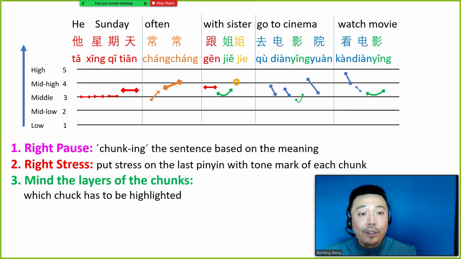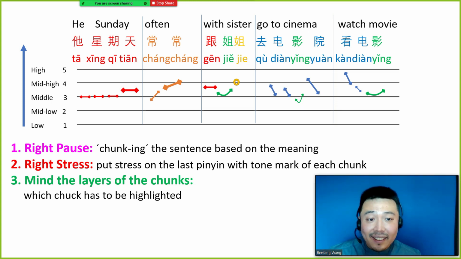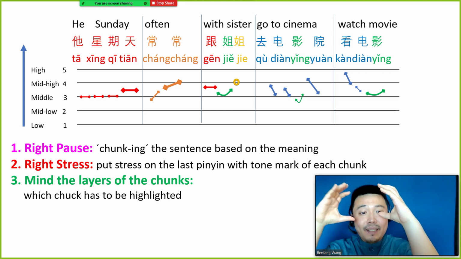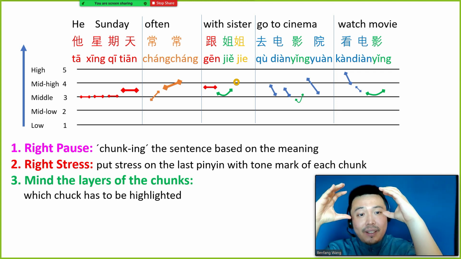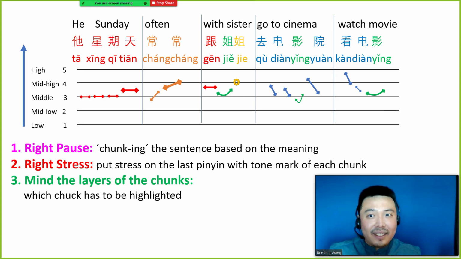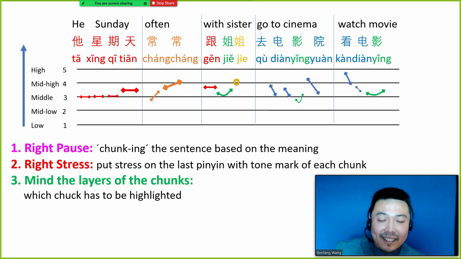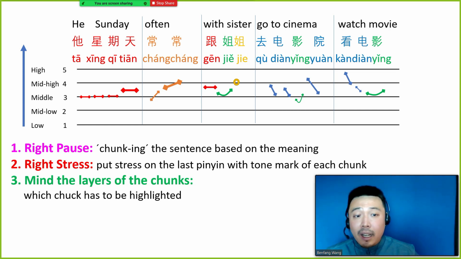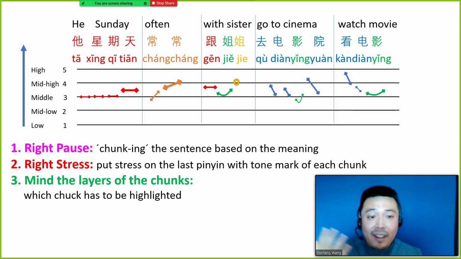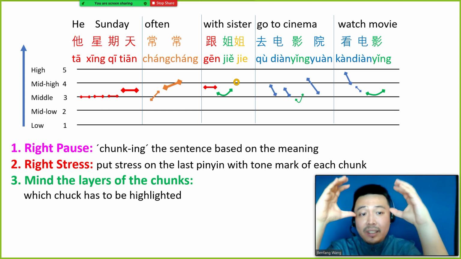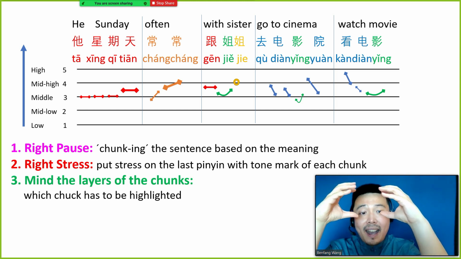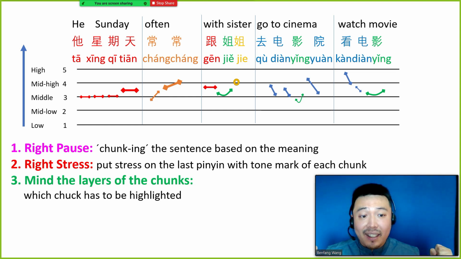For example, if you want to clarify that it's Sunday he's going to watch a movie with his sister, then on Sunday, this part has a higher pitch, more stress compared to the other chunks. 他星期天常常跟姐姐去电影院看电影。And if you want to clarify that it's with his older sister that you are going to watch a movie, not father or your friend, then 跟姐姐, with older sister, this chunk has to be higher pitch than the rest of the chunks.